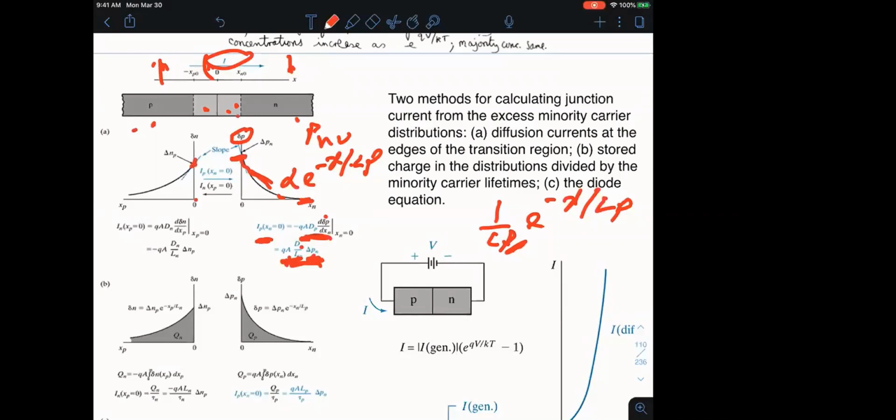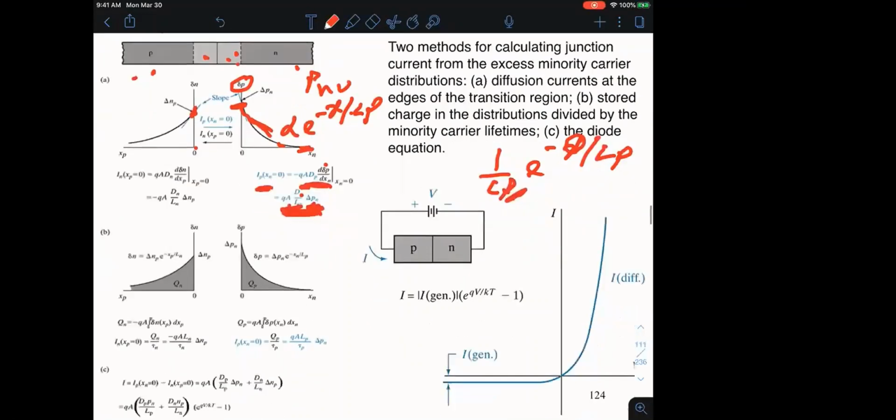I'm stating that the total current, which is the same throughout the PN junction in accordance with KCL, will turn out to be the sum total of the hole diffusion current at this location, which is given by this expression over here by plugging in x equal to 0, plus the electron diffusion current at this location, and that will be the total current anywhere in the structure. So that's the statement, and we need to prove that, of course.